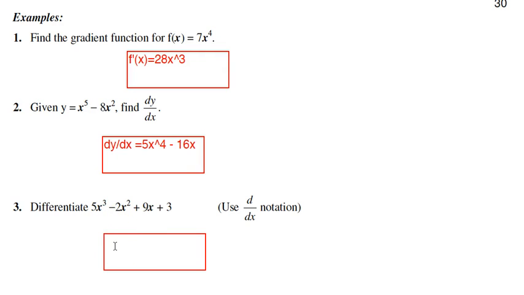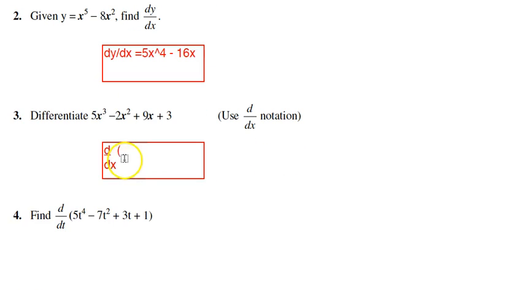But here they're just saying differentiate this. So the way we need to write it is d over dx, okay? So I need to underline that. You use d by dx notation. You don't say y equals this or whatever.